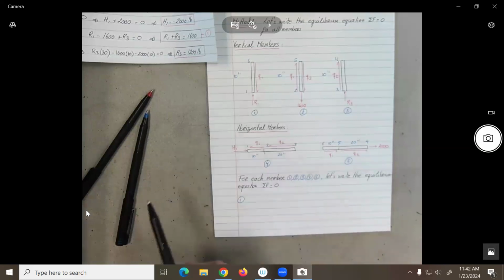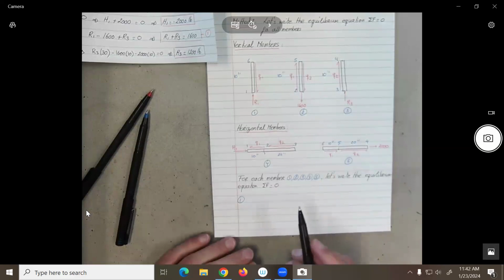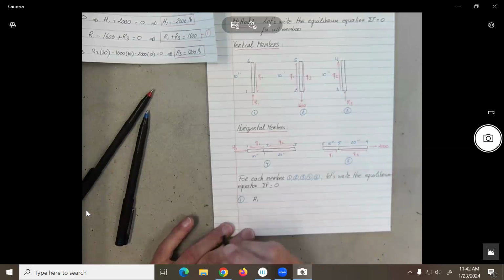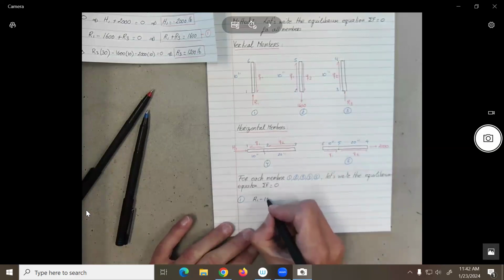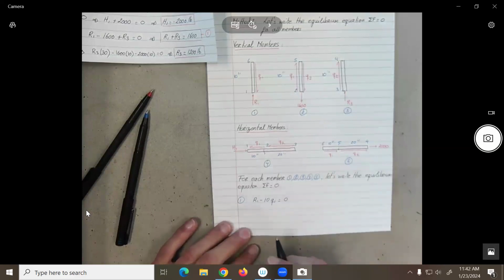Okay, so if we look at the first figure, what should be the equation? We look at one. What should be the equation of equilibrium? R1 minus 10Q1 equal to 0.